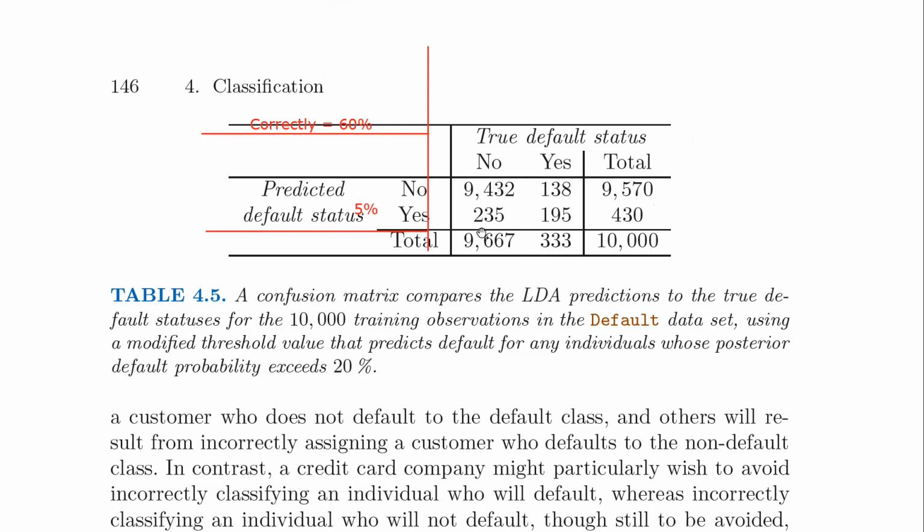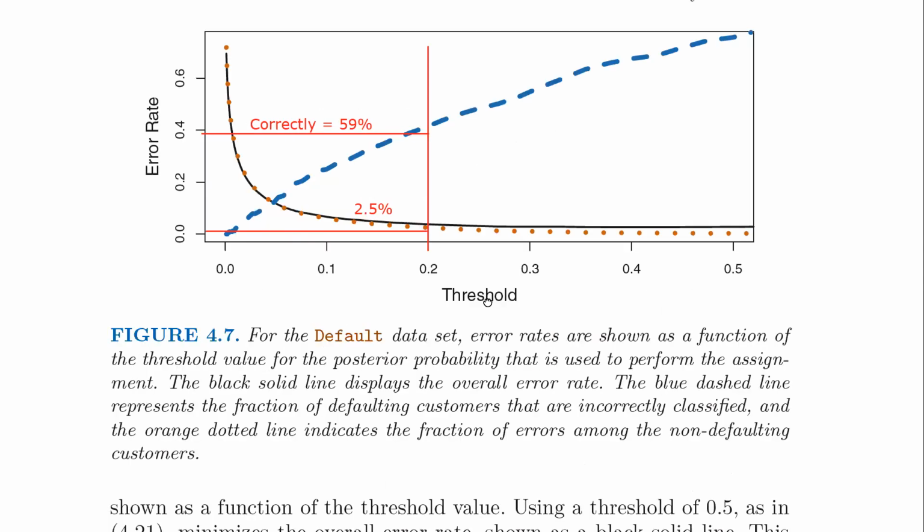So it's the no's that we classify incorrectly as yeses. 235 divided by 9667. I said 5%, but it's actually 2.5%. And this is 59.